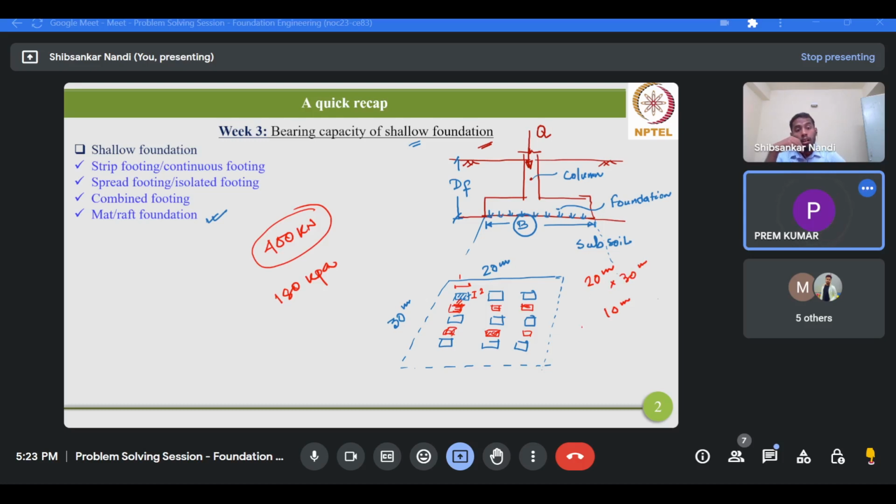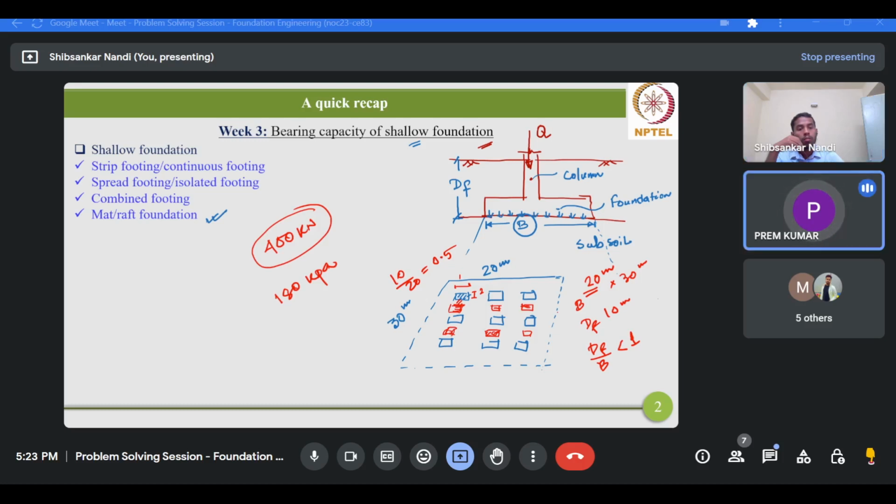It is obviously a shallow foundation, because here B is 20 meter and Df is 10 meter. The ratio of Df by B is 10 by 20, it is 0.5, so it is less than 1. So it is essentially a shallow foundation. We cannot say that this mat foundation falls under the category of deep foundation.